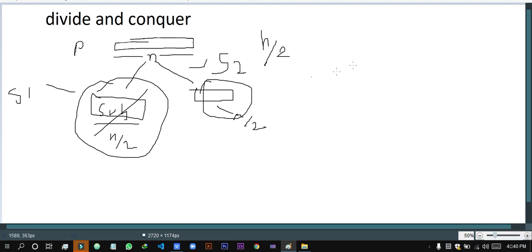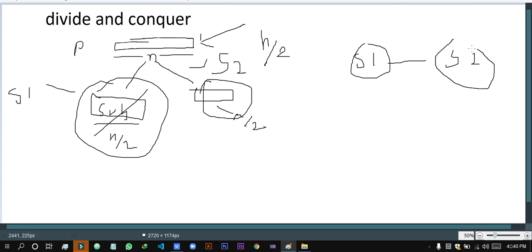Earlier I had an unordered array which was divided into two parts to get a solution. Now I can conquer it.